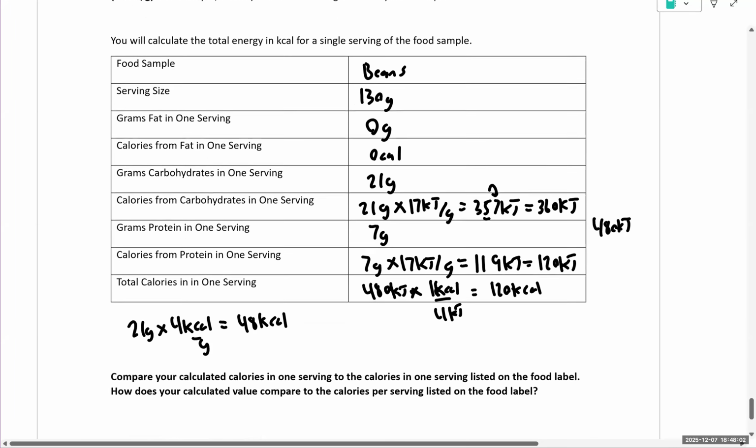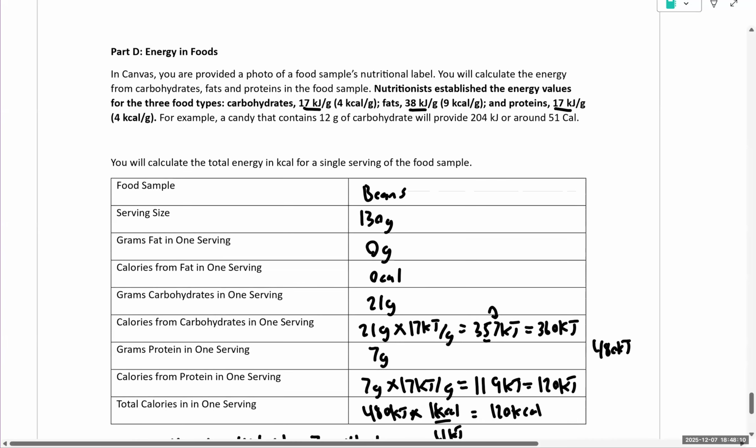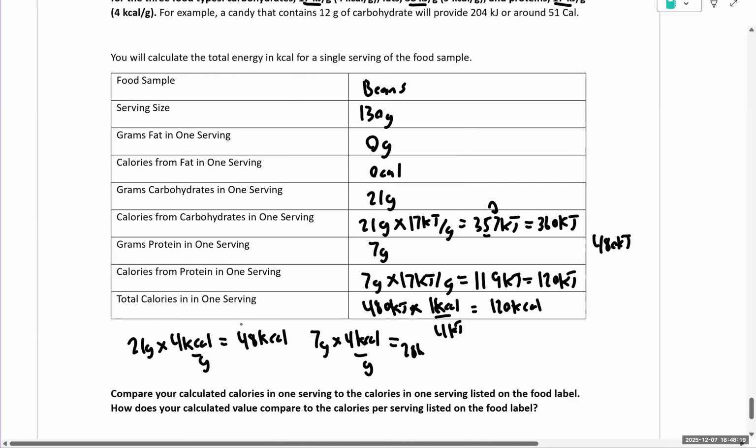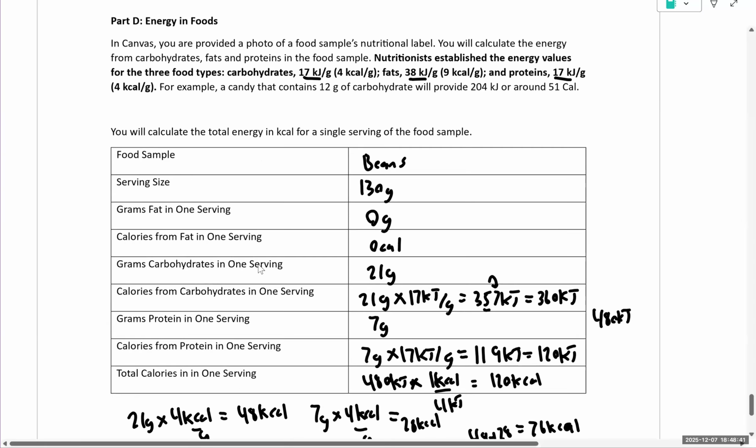And then for proteins, if we have 7 grams times 4 kcal per gram, this in turn gives us 28 kcal. If we add up 84 plus 28, that in turn gives us about 112 kcal. So two methods, both are more than fine.